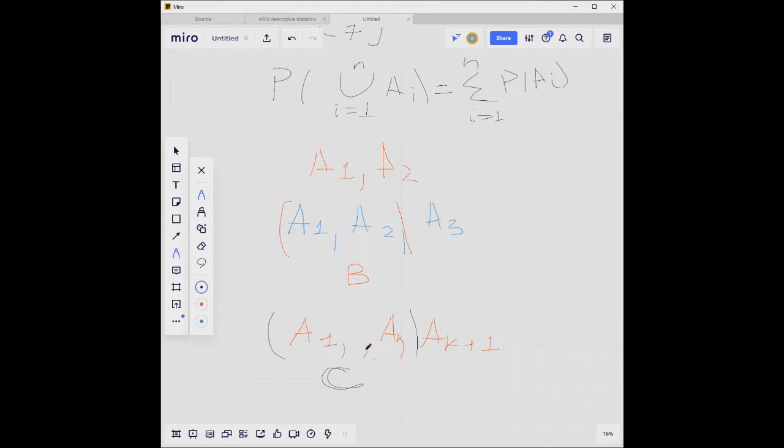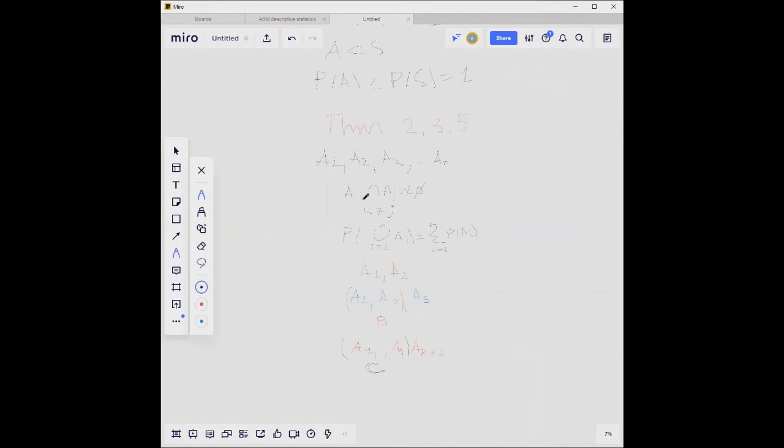And the proof that the probability of the union of A1 through AK is equal to the sum of individual probabilities is our induction hypothesis. Okay, so pretty straightforward induction.